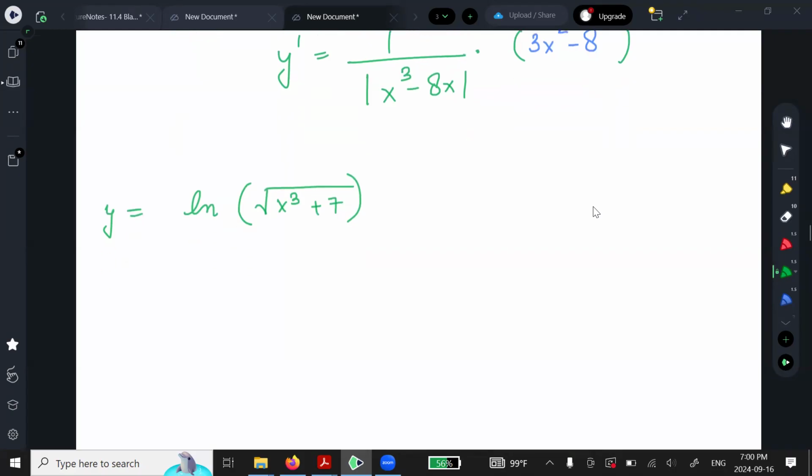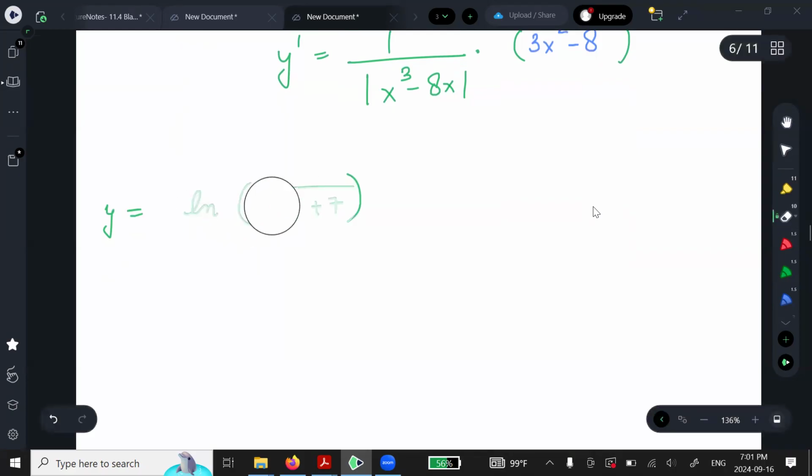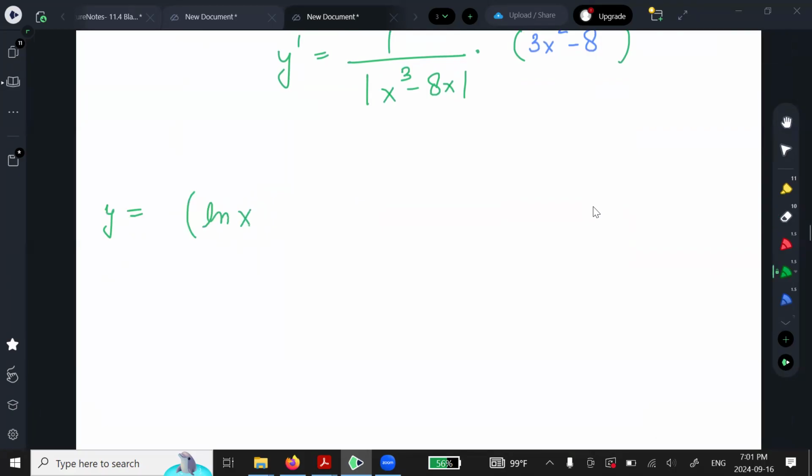I would say into the power. What is square root? Square root is a power. Oh, you mean the whole thing? Okay, so what you're saying is you had ln x, and the whole thing was to the power 5. Okay, who's going to answer this question for me?